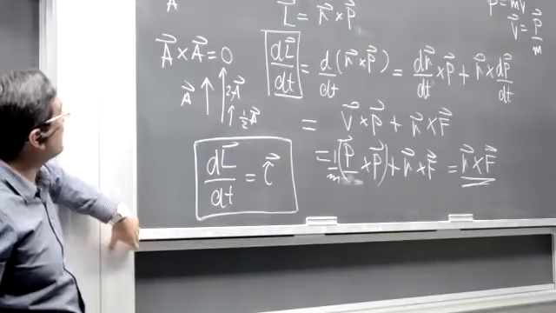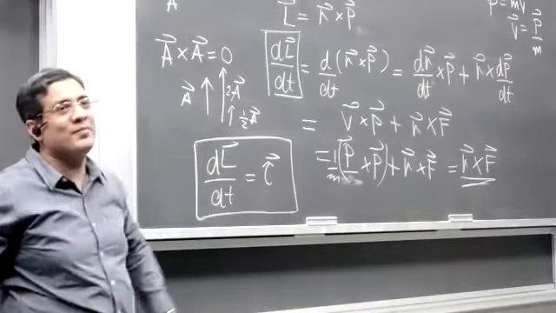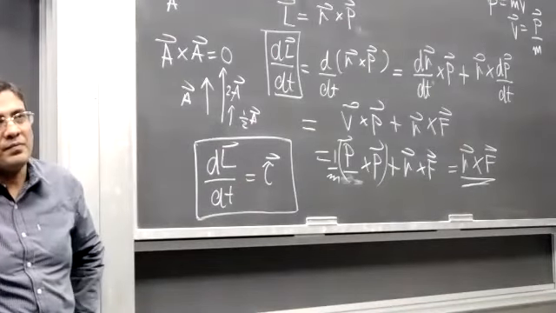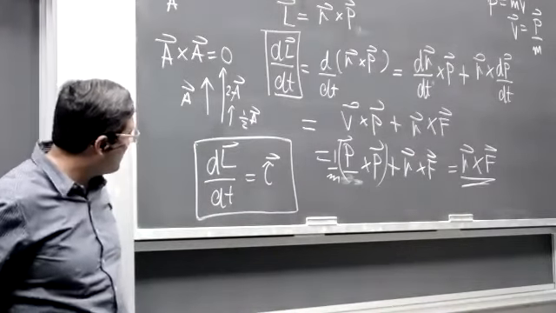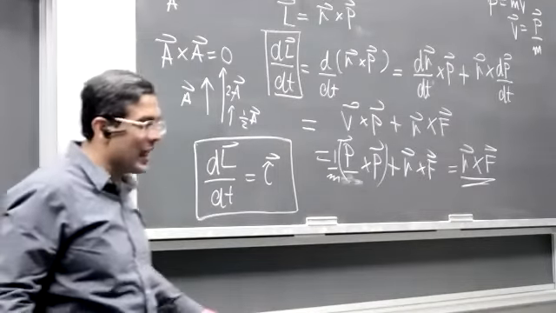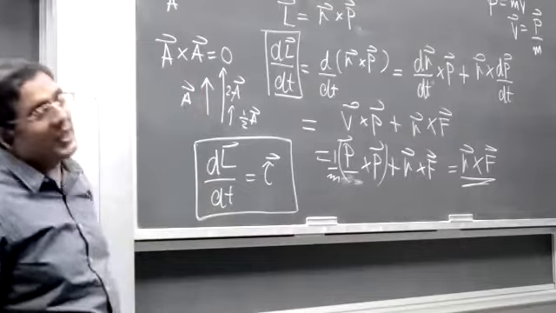Okay, time rate of change of linear momentum. So what is then this L? Angular momentum. Okay, so the time rate of change of angular momentum is torque. You must be wondering, why do we introduce these abstract quantities like angular momentum or linear momentum?